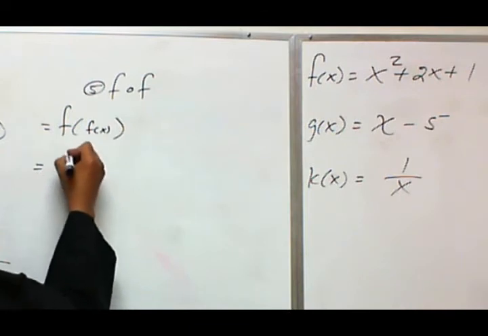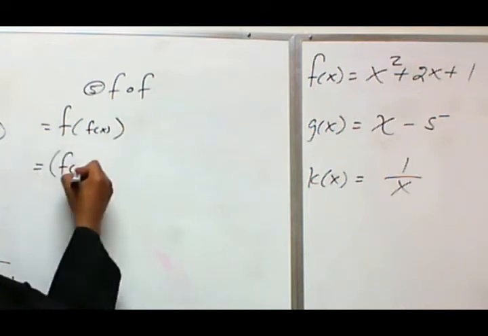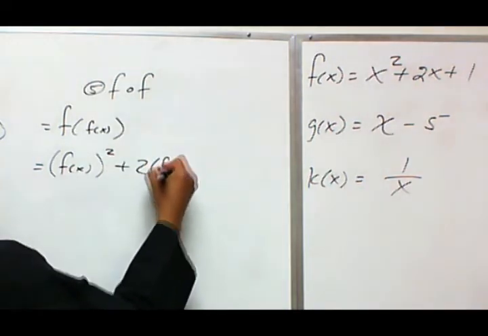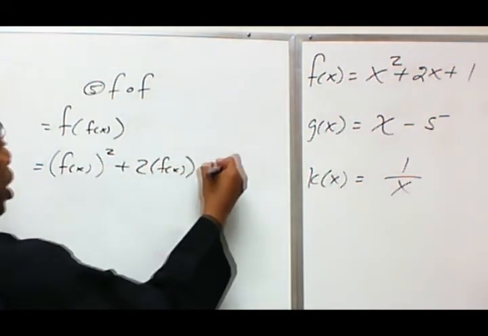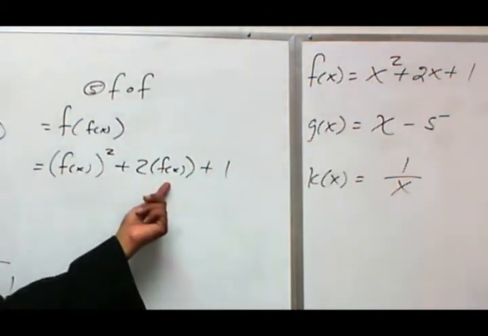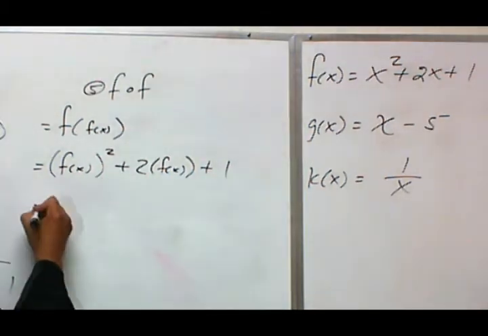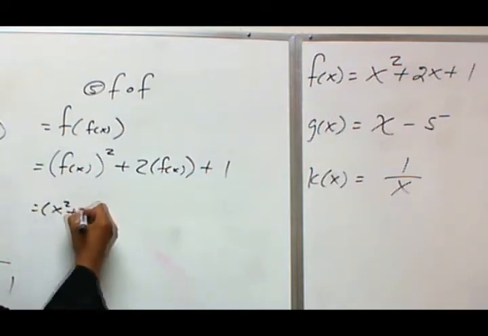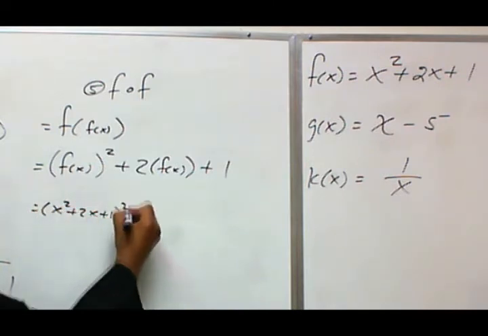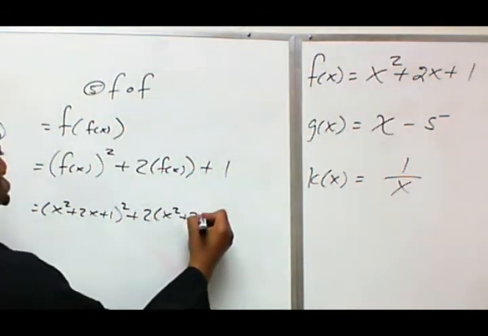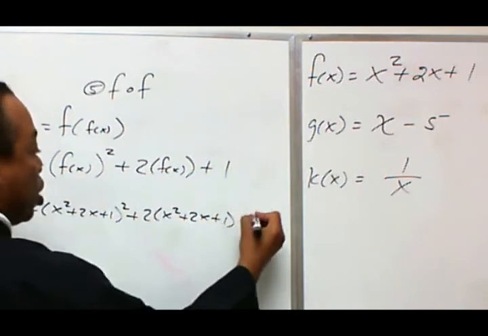So we'll have the input f of x squared plus 2 times the input f of x and then plus 1. Then the inner function, which is still f of x, would be x squared plus 2x plus 1, all squared, plus 2 times x squared plus 2x plus 1, then plus 1.